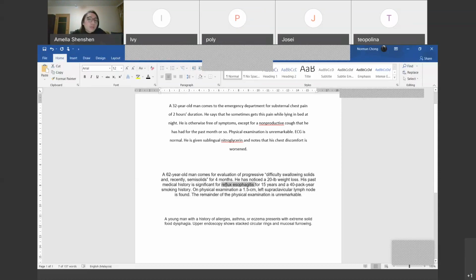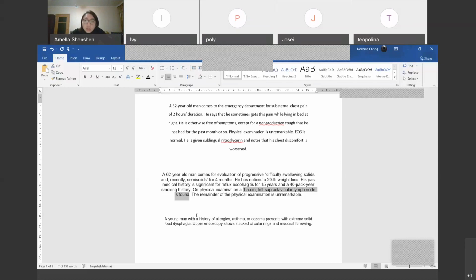So you might think adenocarcinoma of the esophagus, but you see the 40 pack year smoking history. So it's possible as well that this might be squamous cell carcinoma of the esophagus. Two cancers at the same time, possible, right? And you see that there's 1.5 centimeters of lymphadenopathy. So your differentials over here: there are a few different types of esophageal carcinoma, squamous cell or adenocarcinoma, number 1.